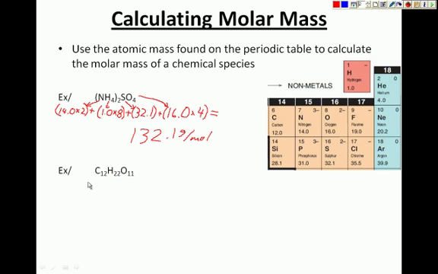Again, we have carbon, and that has a molar mass of 12. And we happen to have 12 carbons. Okay, and then we also have hydrogen, which has a molar mass of 1.0, and we have quite a few of them. We have 22. And we have oxygen, which has a molar mass of 16.